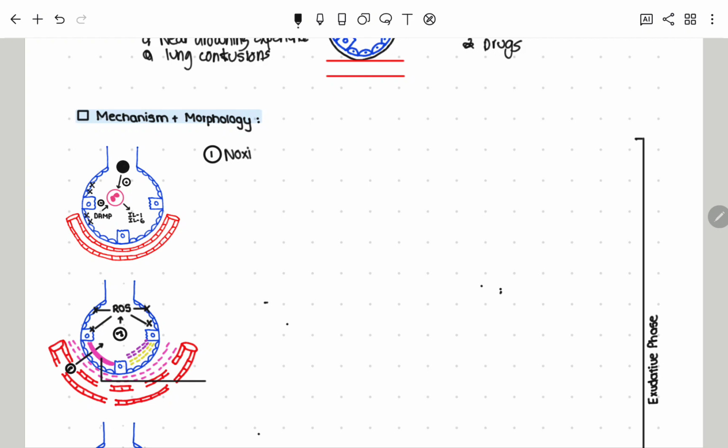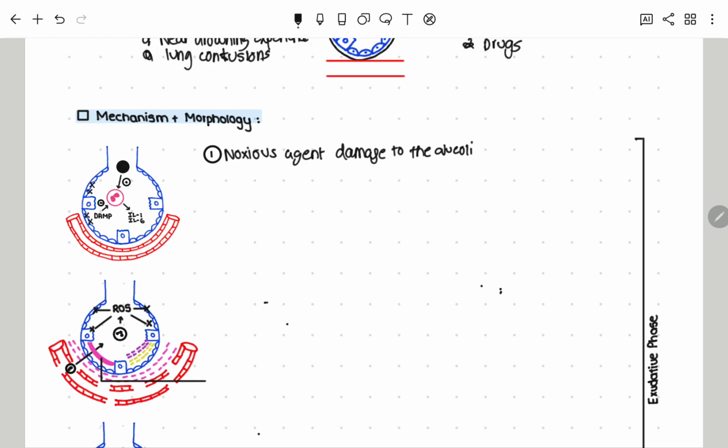We're going to take pneumonia as an example, and we're going to build on this, but just note that the entire idea is that you have some sort of causative agent that causes damage to the alveoli. Should not be saying causative agent causes, kind of gives it away, but either way, noxious agent that causes damage to the alveoli.